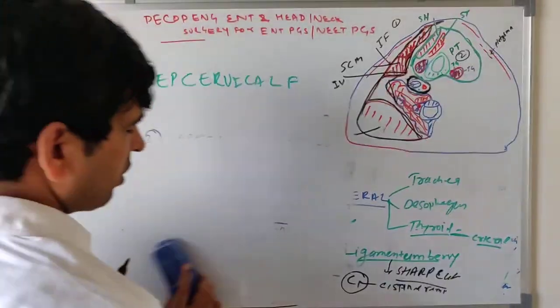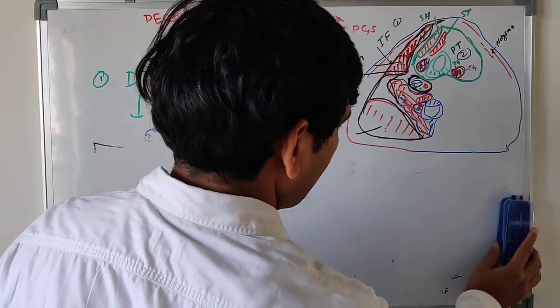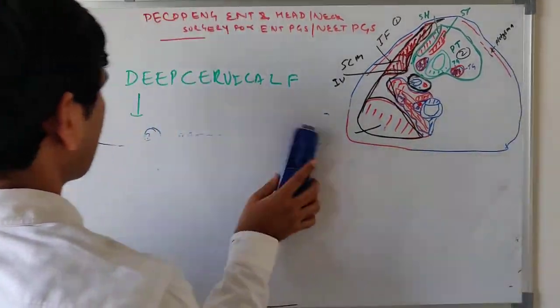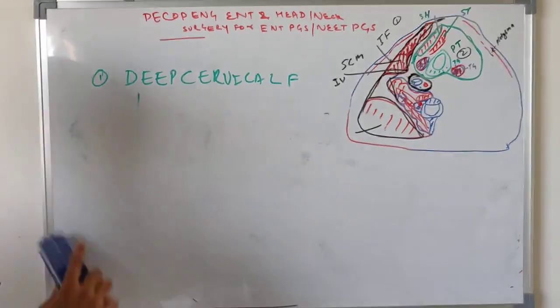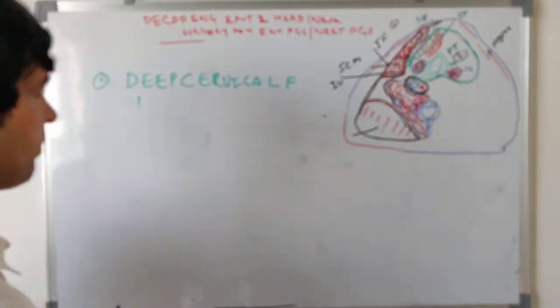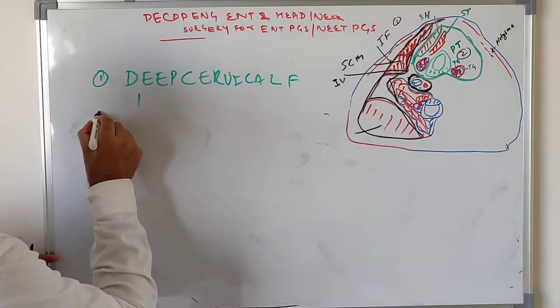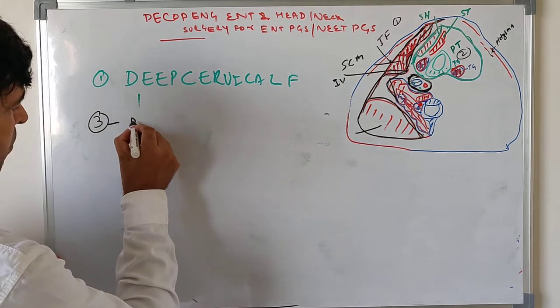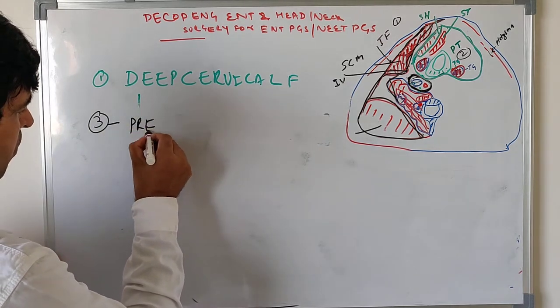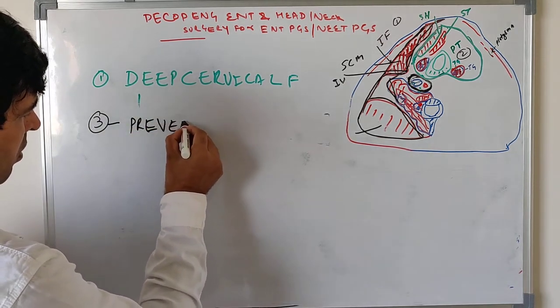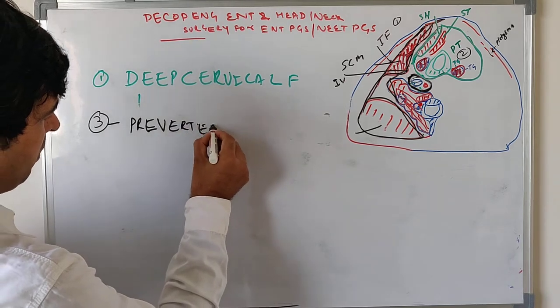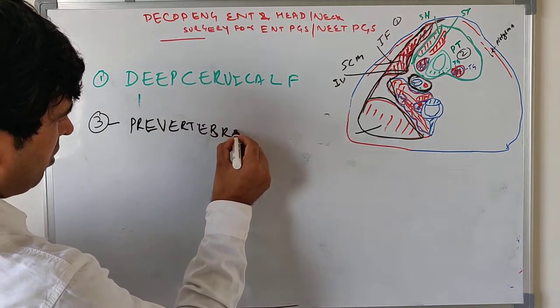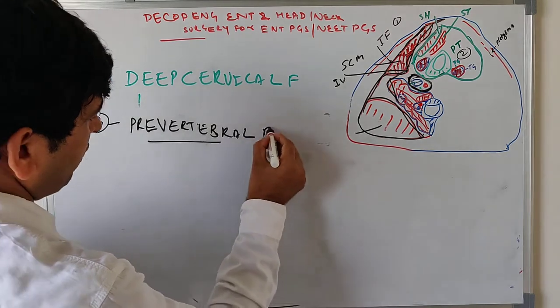Now we will talk about the deepest layer of deep cervical fascia, which is the prevertebral fascia.